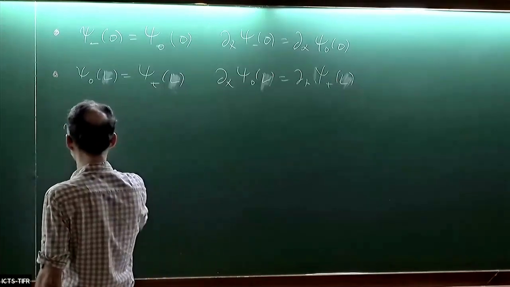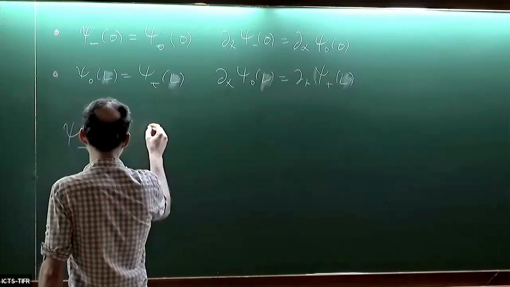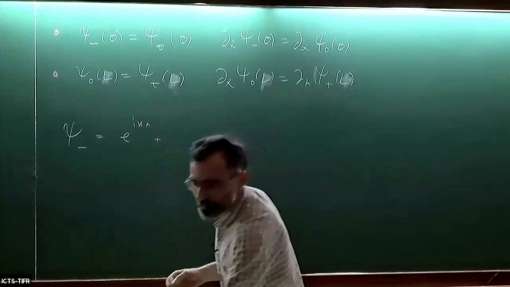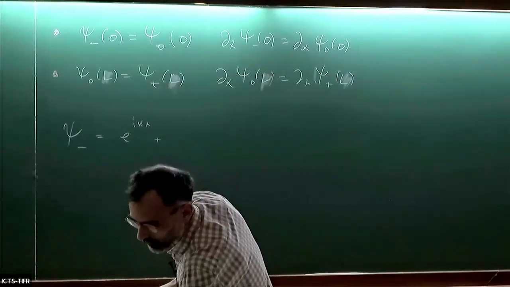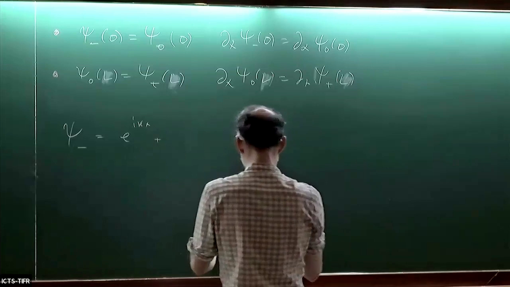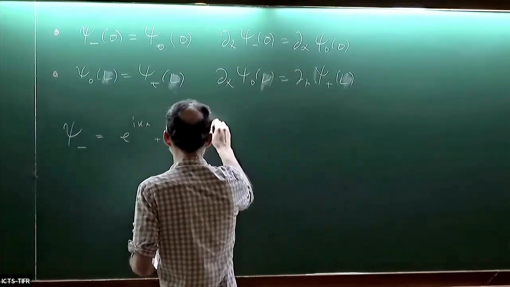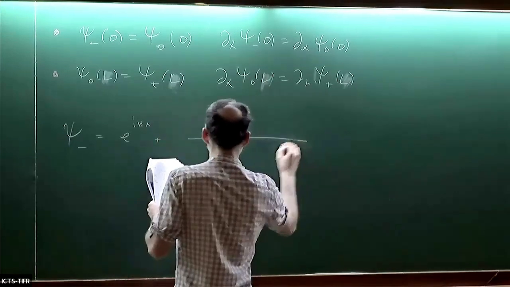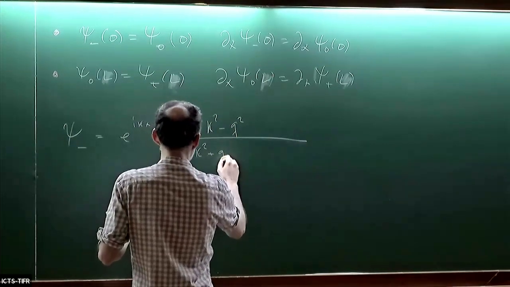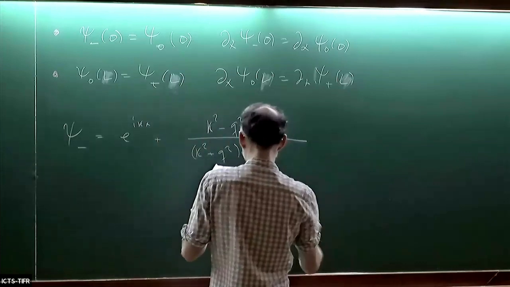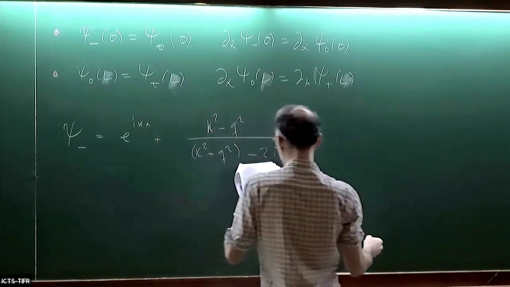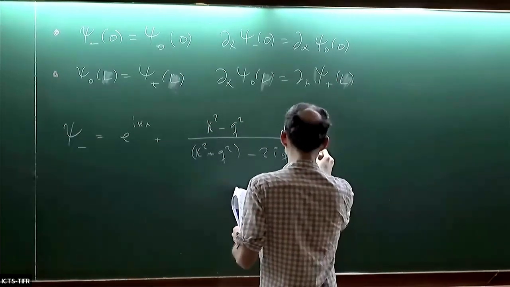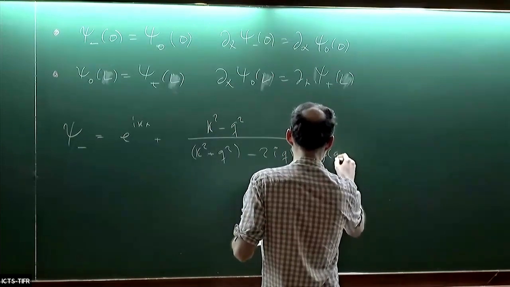For psi minus you get e to the iqx plus a fraction with k squared minus q squared over k squared plus q squared minus 2iqk times the cotangent of qL.